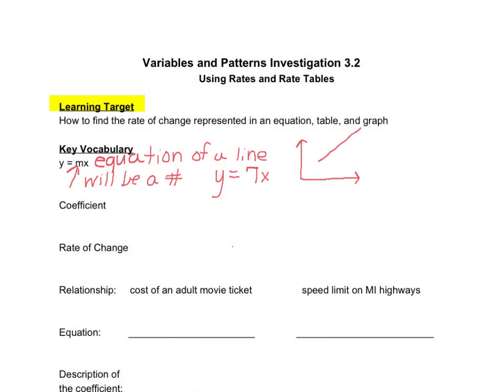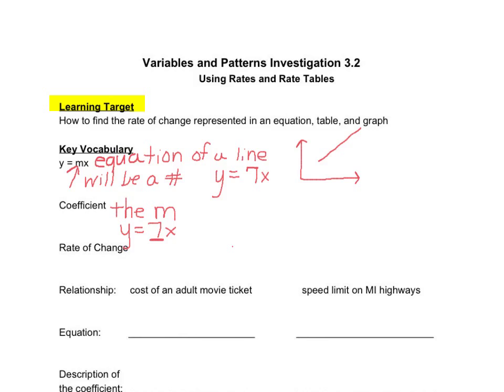The second word that we need to look at is coefficient, and understand that in the above equation the coefficient is the m, and in the example that was given in the previous one, y equals 7x, the 7 is your coefficient.